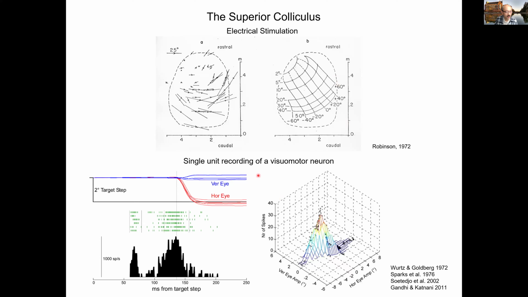And this is an example of a single unit recording from a visual motor neuron, after a 2 degree target step, this is unadapted. You see a visual response about 70 milliseconds later, and then a big burst happens, and then the saccade.